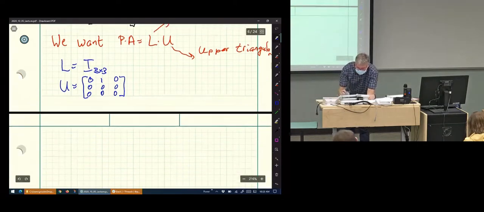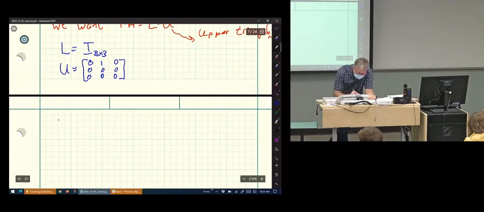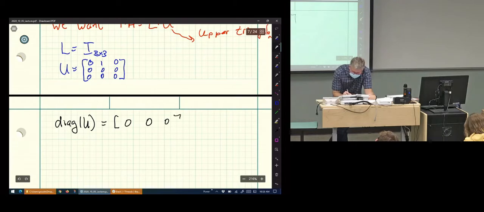Okay, so how many elements are 0 on the diagonal of U? Okay, so the diagonal of U, that's 0, 0, 0.